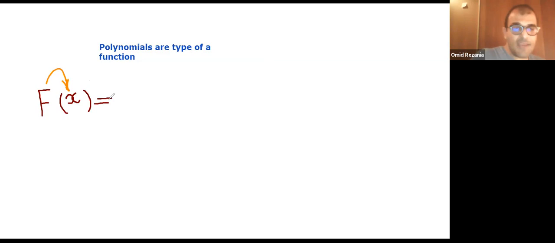However, this form is not going to be, for example, like the square root of x. It should be in this format.